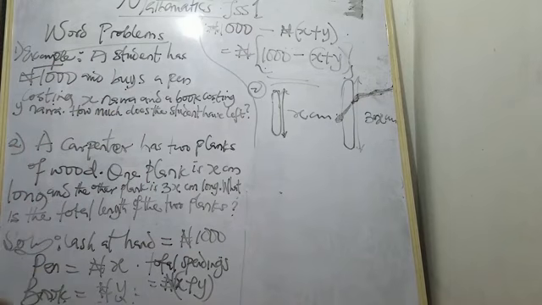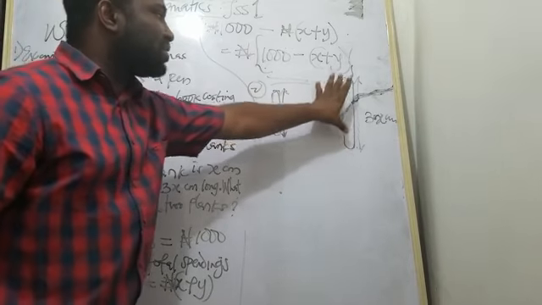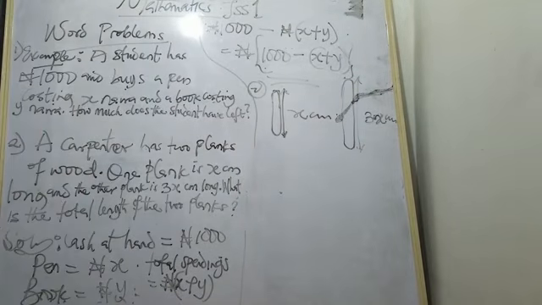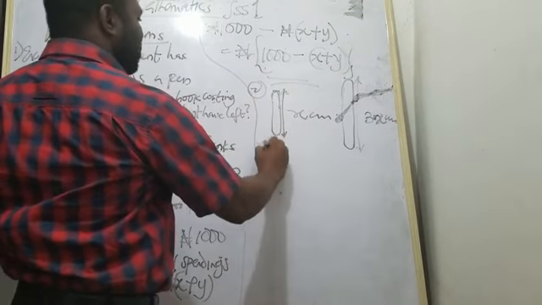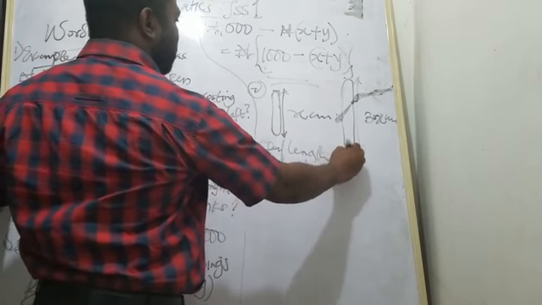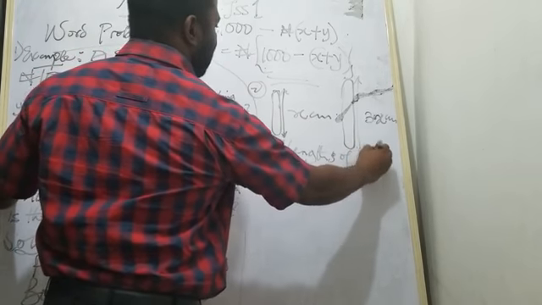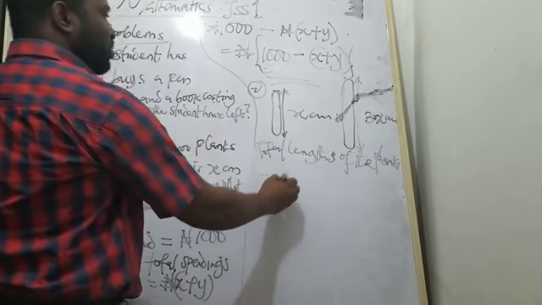Now, the carpenter has 2 planks. The first one is X centimeter long, the second one is 3x centimeter long. What is the total length of the planks equal to?